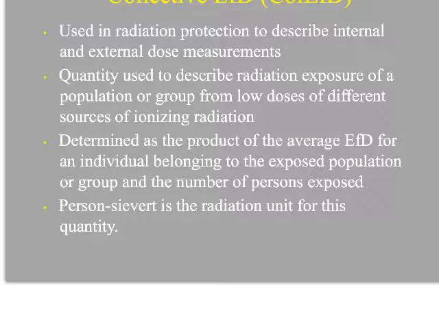Okay? The unit for this is the person-sievert, and it's the average effective dose for any individual belonging to a certain population group. So we would define the population group as, for example, everyone living in the United States of America, or everyone living within Belarus, Ukraine, and anywhere else that Chernobyl was impacting.